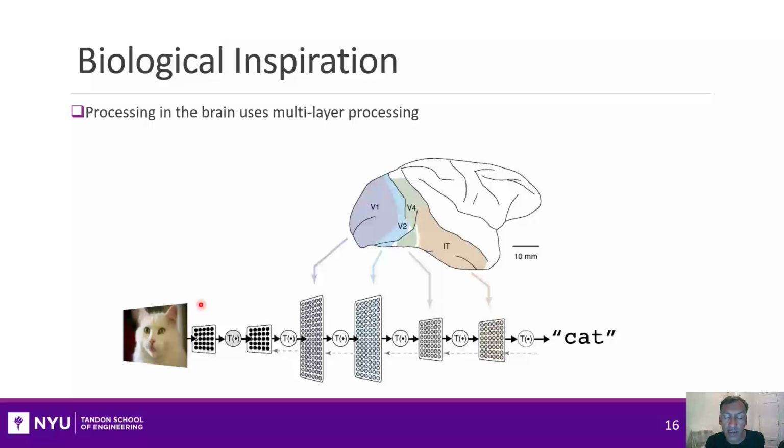And that is believed to extract very low-level features of the image, things like detections of edges, curves, and so on. But as you progress through the brain into the subsequent regions like V2 and V4 and so on, neurologists believe that more high-level semantic information is being decoded, and that's where we can understand the nature of objects, for example, if it's a cat.